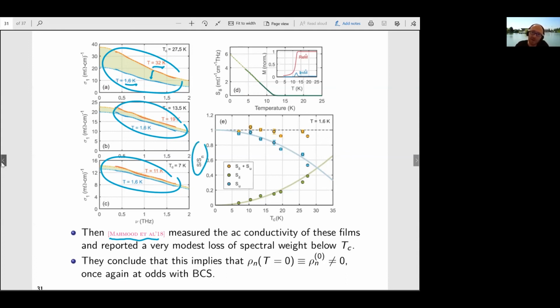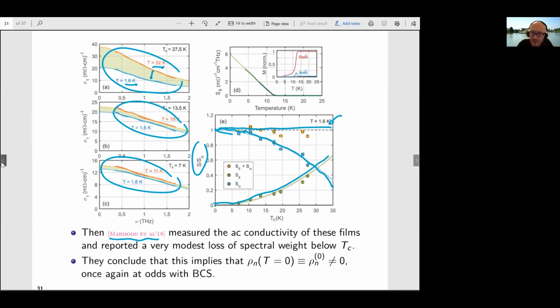And you can also see it more clearly here. This is plotting the ratios of, so this is the normal density. Sorry, let me get it right. Sorry, it's the other way around. This one is the density in the normal state. This is the normal density, so the object that I've been computing in this talk. And this is the superfluid density.